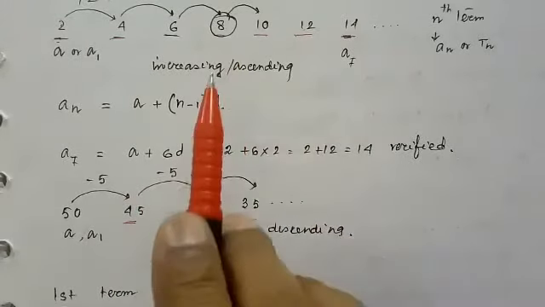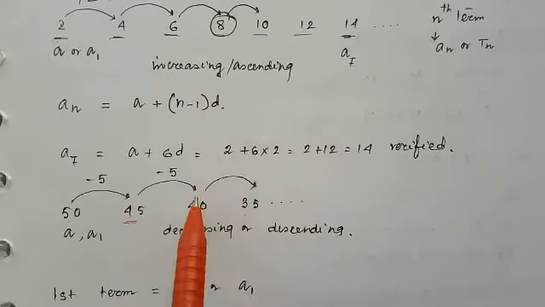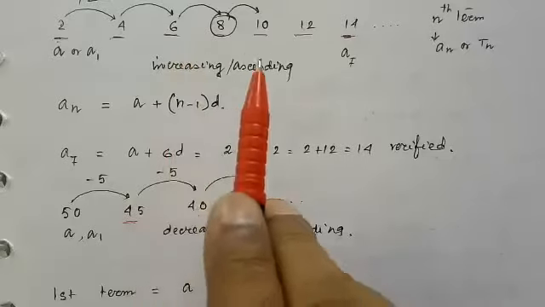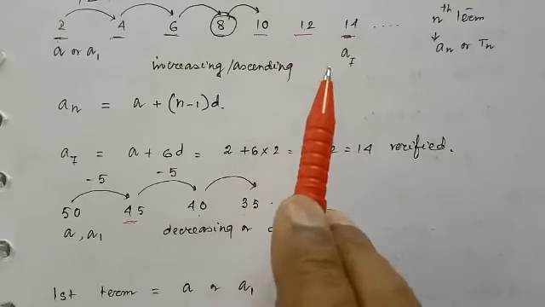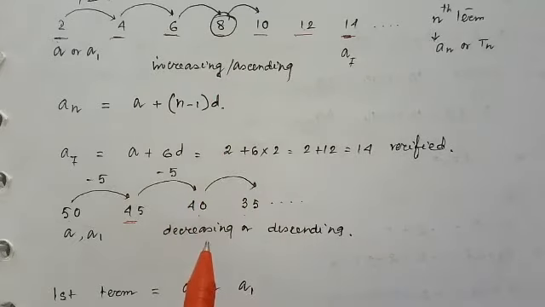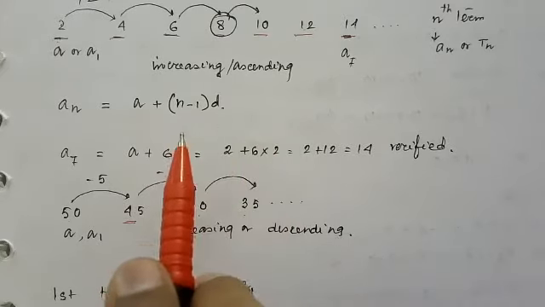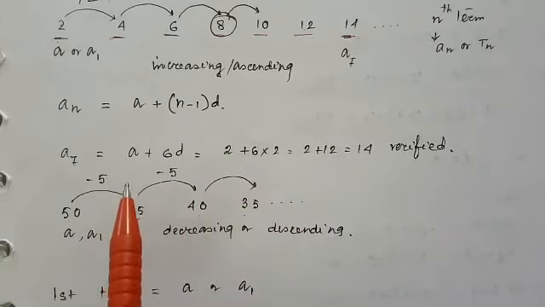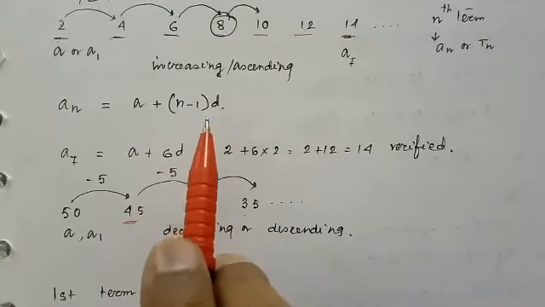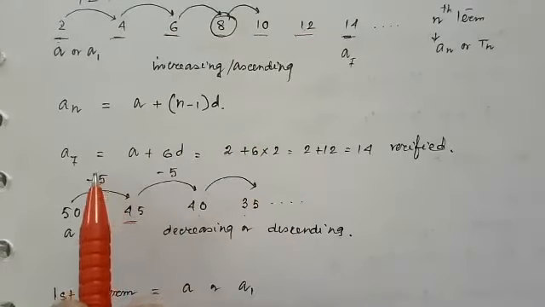So in case of arithmetic progression, the successive terms are obtained by either adding or subtracting a constant number to the previous number. The constant number which we are adding or subtracting is called the common difference.